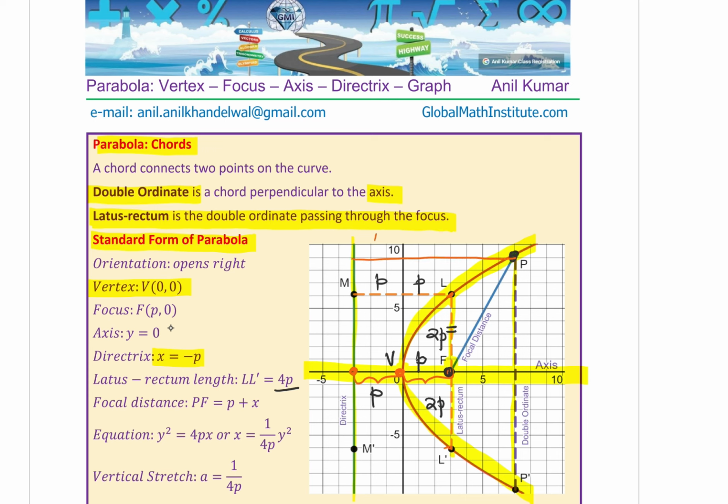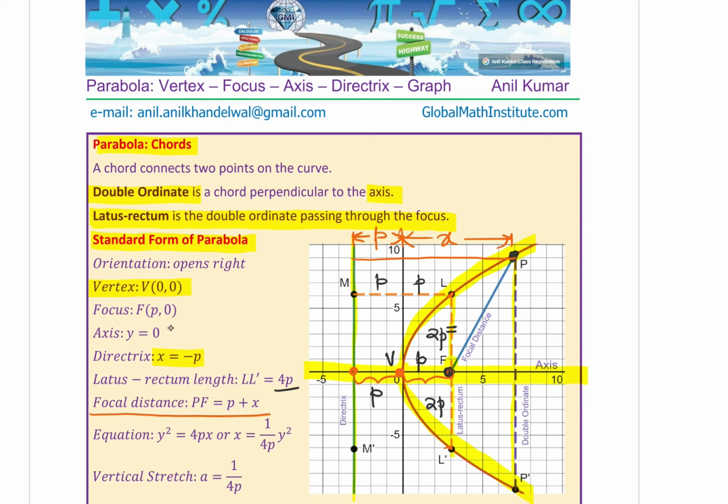So this is p plus x. You get the idea, right? So that is the focal distance. And so we can say that the focal distance is equal to this horizontal distance p plus x. And so we get another very important result, that the focal distance is always equal to p plus x.